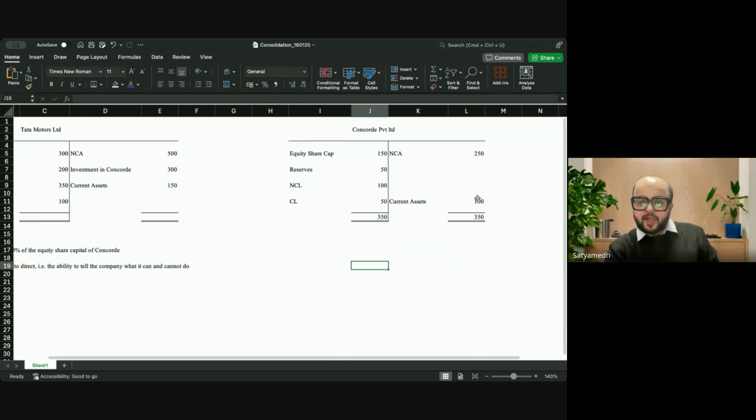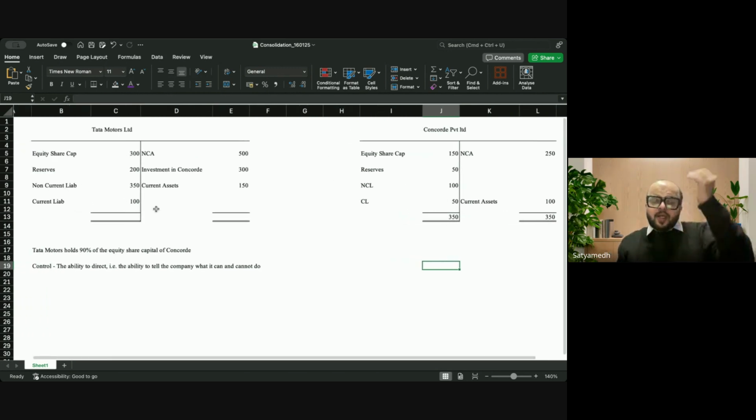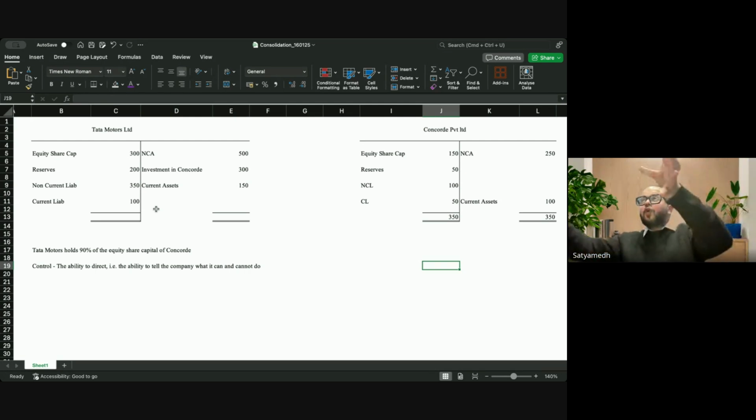So what do I mean by that? If Concord has non-current assets of 250, 90% तो मेरा है ना boss. Even when Concord Limited owns current assets of 100, and Tata Motors holds 90% of this company, वो 100 का 90% belongs to Tata Motors. So when Tata Motors wants to show its balance sheet, standalone balance sheet is okay, but I am still not giving a true and fair view to the users of financial statements.